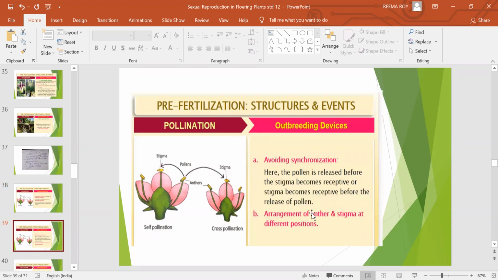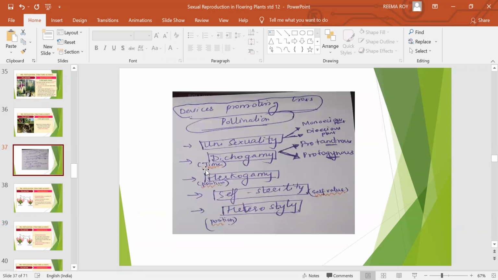First is avoiding synchronization. Synchronization मतलब सब कुछ same time में होना. So avoiding same time, which means what? इसमें छोटे ब्रैकेट्स में मैंने लिखा है डाइकोगैमी में टाइम लिखा है, ठीक है. और इसमें दो टाइप्स है, protandrous और protogynous. Protandrous में क्या होता है, androus, that means male reproductive part पहले आते हैं और female reproductive part लेट आते हैं. मतलब टाइमिंग हो गया, ठीक है, पहले मेल आता है और फीमेल आते हैं.